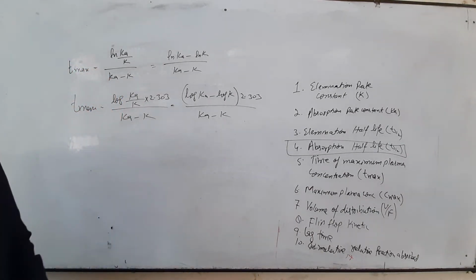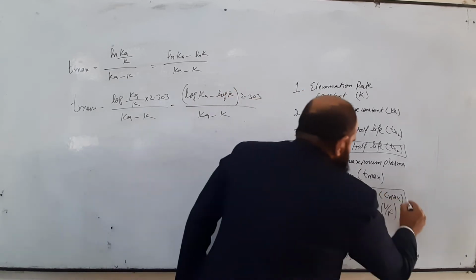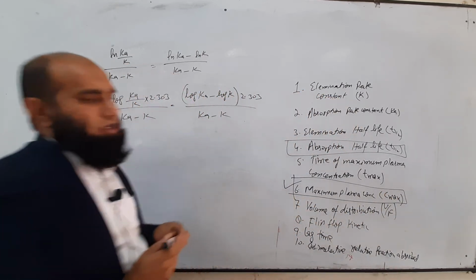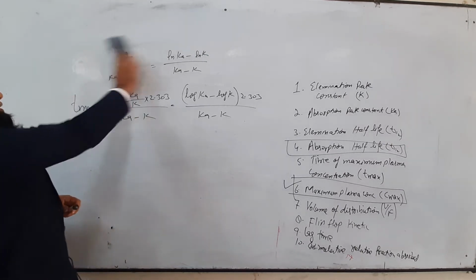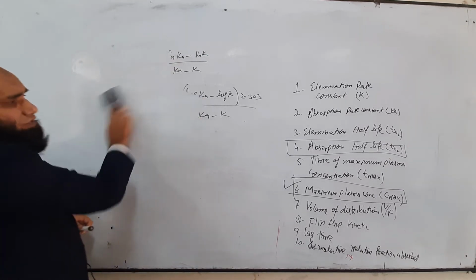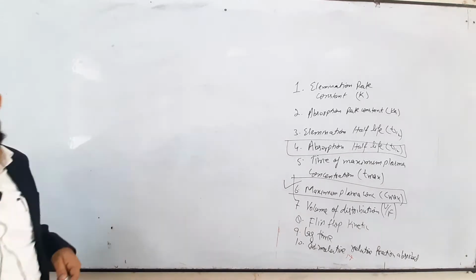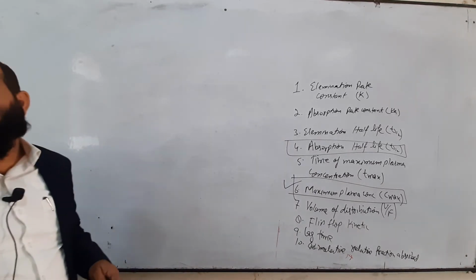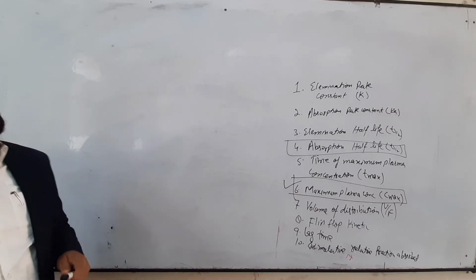The next step we want to calculate is our Cmax. How can we calculate the Cmax from the plasma data? It's a very simple concept. For the sake of Cmax, we have already used the word Tmax. So we can calculate the maximum plasma concentration by using three different techniques.